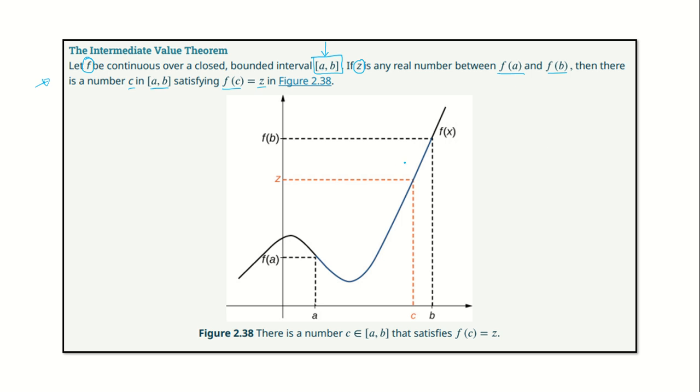What does it mean? It says that if we are given a function f, and f is continuous in an interval a to b, then in between there will be a value c.